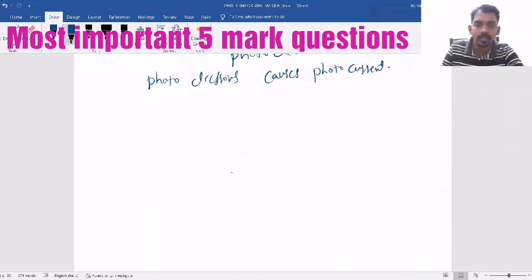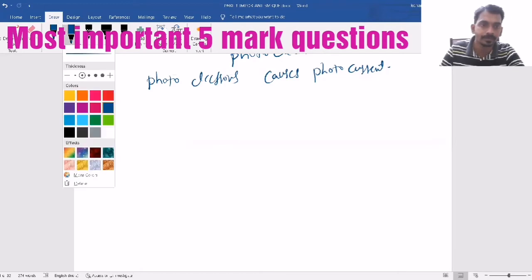Now, to understand this, they have taken one experimental arrangement. Now, what is that experimental arrangement?